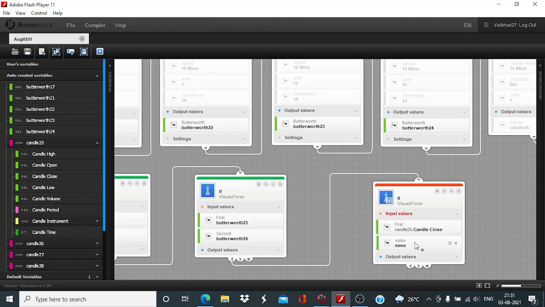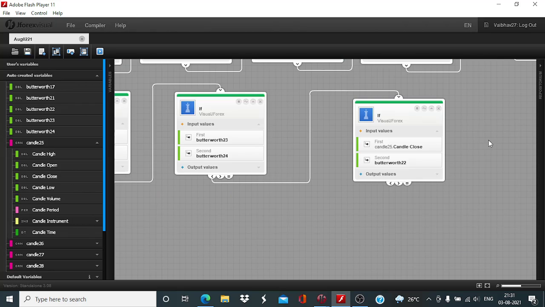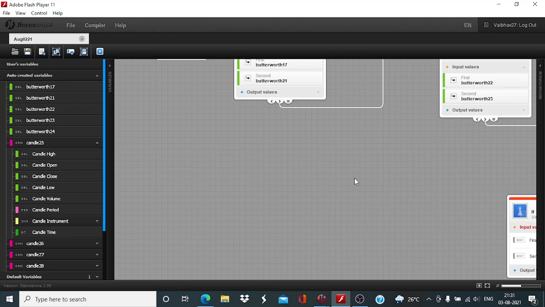So that is Butterworth 22nd. First input greater than second input.